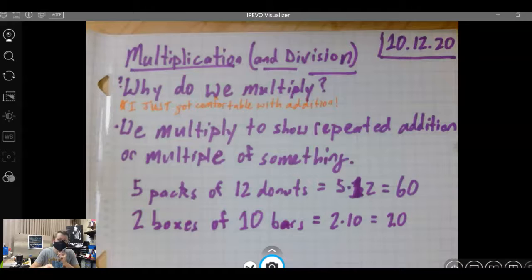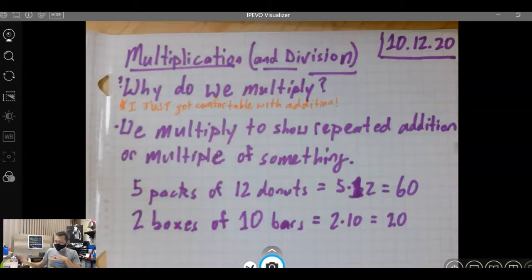Didn't we say subtraction is just addition? Addition of the opposite, right? We can add the negative.